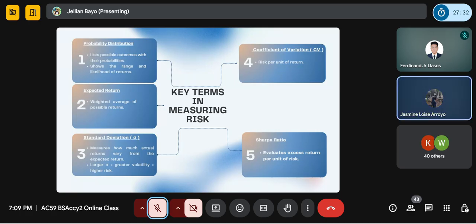Okay, so let's move on to standalone risk. Standalone risk is the risk of an individual asset or project without regard to any other assets in a portfolio. It measures how risky a single investment is on its own.